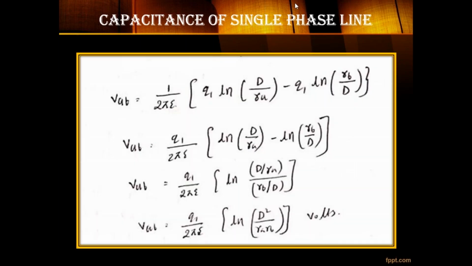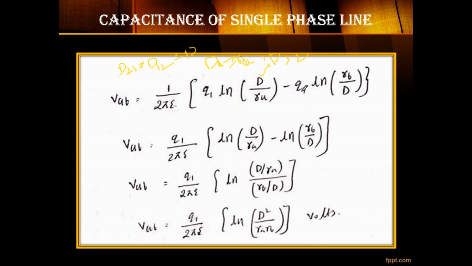D12 equals D, D11 equals r_A, and D22 equals r_B. Now substitute here. I already told you that Q2 equals minus Q1, so instead of Q2 I substitute minus Q1.